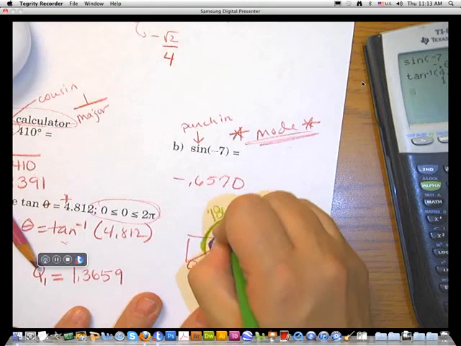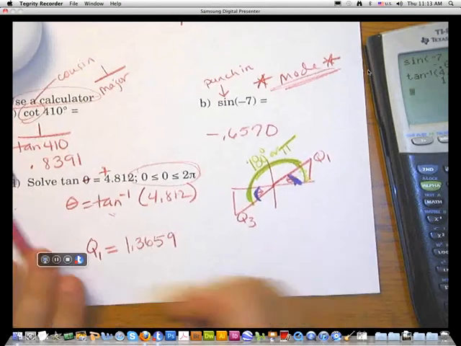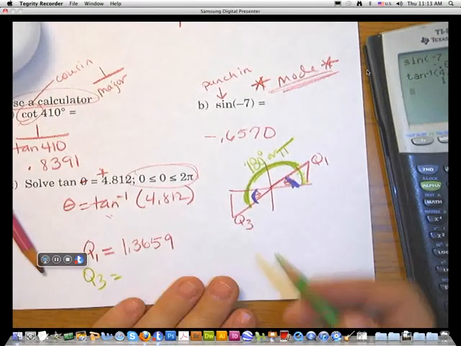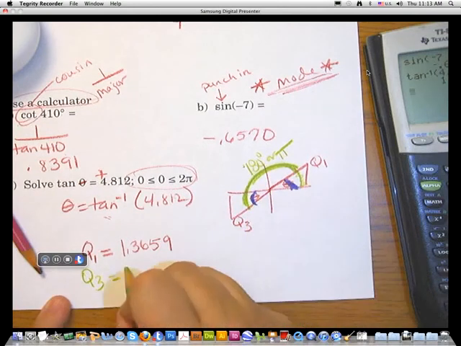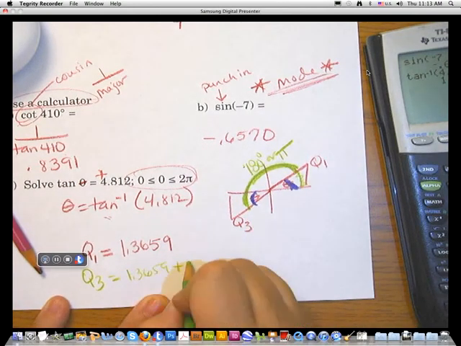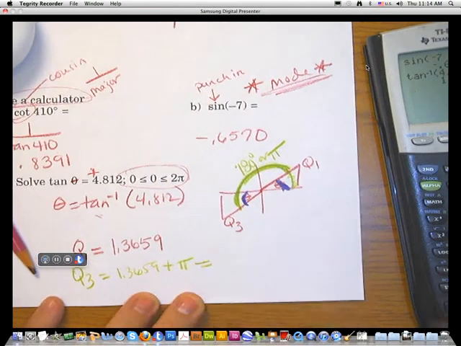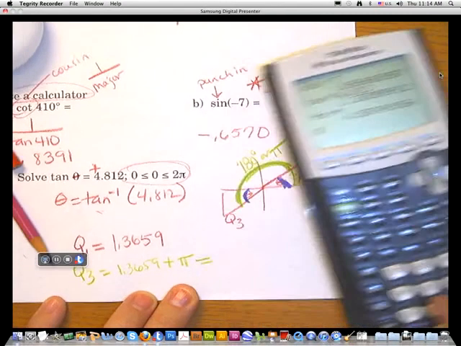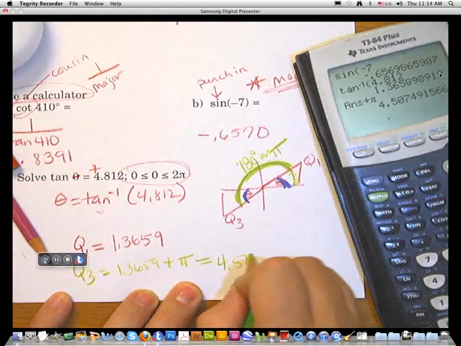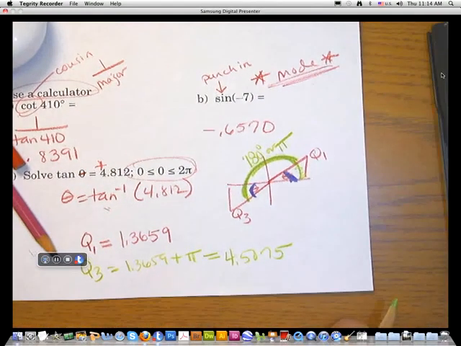I'm adding 180 degrees, or because we're in radians, I'm adding pi. So quadrant 3 is from terminal side to terminal side: 1.3659 plus pi, which is 4.5075. And that's 4.4.